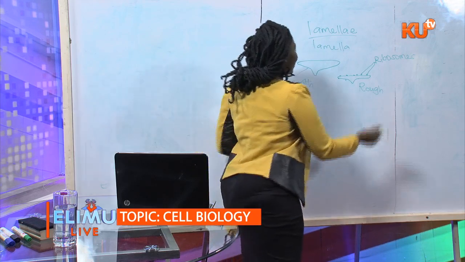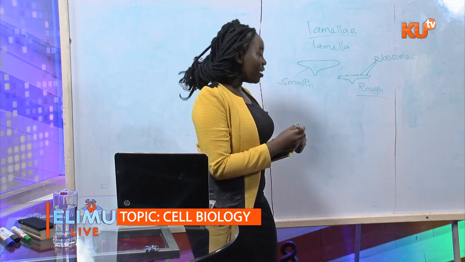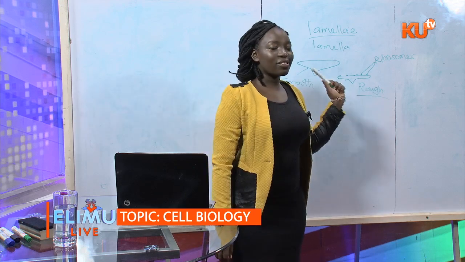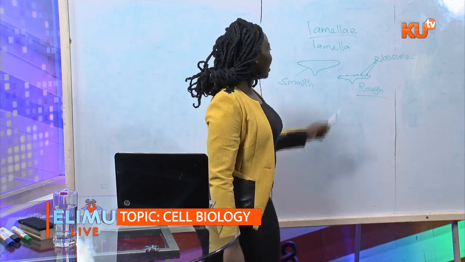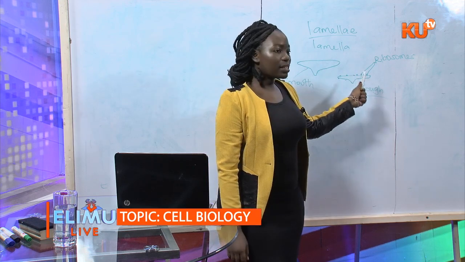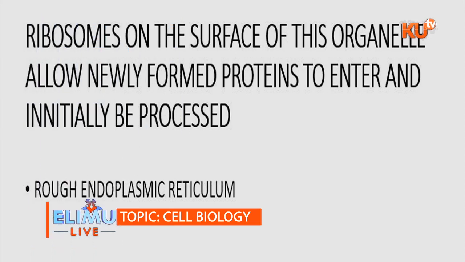And this rough endoplasmic reticulum has ribosomes on its surface, and the ribosomes aid in protein synthesis. So this question was so direct. And the answer is the rough endoplasmic reticulum.